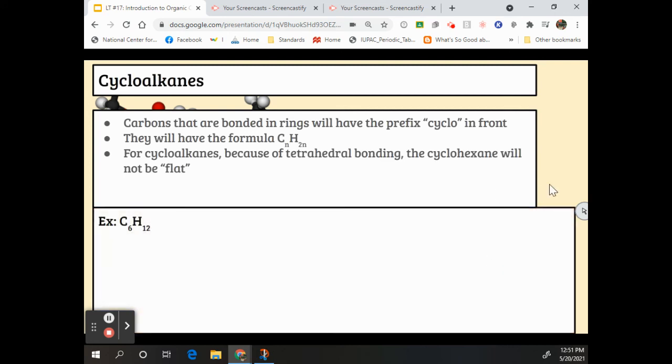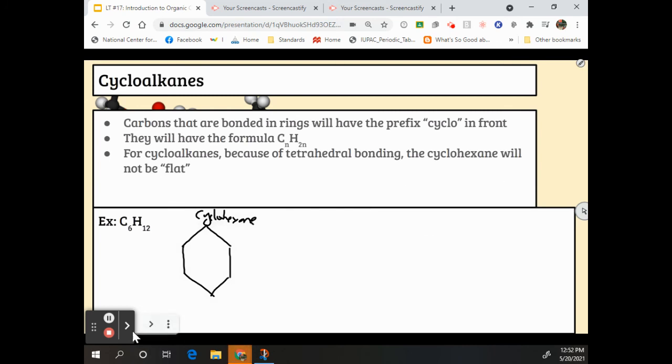So here is my formula for cyclohexane. And to draw the skeletal structure, you draw a hexagon. So that is going to be your cyclohexane. It's misleading, however, because it is not flat.